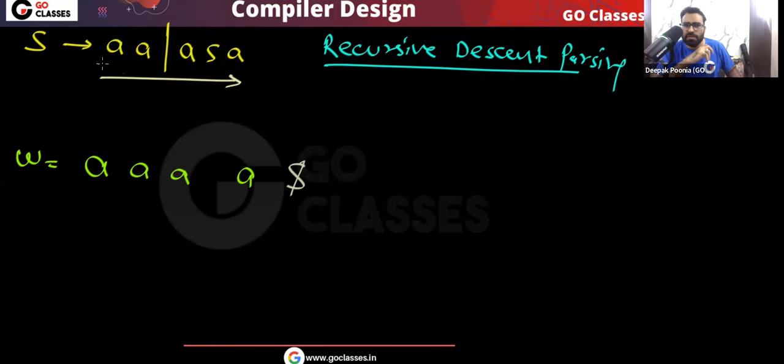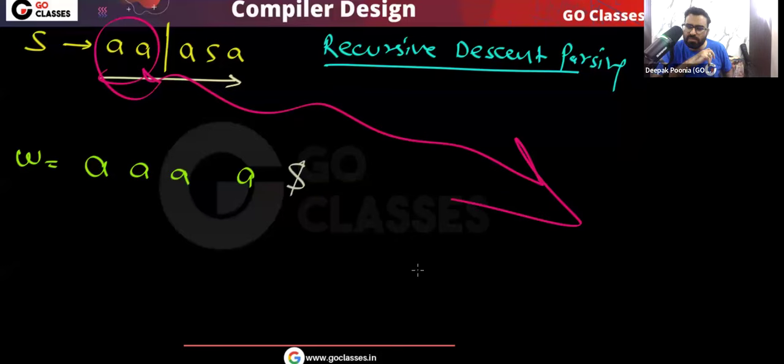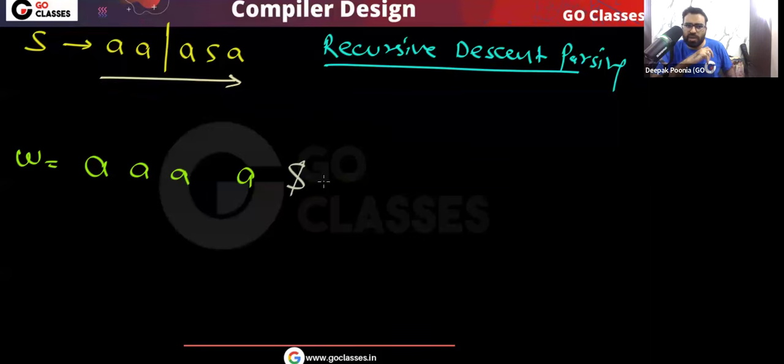But because you are starting with this production and it has become successful, you will never try the next production. That is the reason we are not able to recognize this string. Even though this string belongs to the language of this grammar, the recursive descent parser will never be able to parse it, because it tries these productions in this order. First this production, and when it becomes successful, it will never go to the next production.